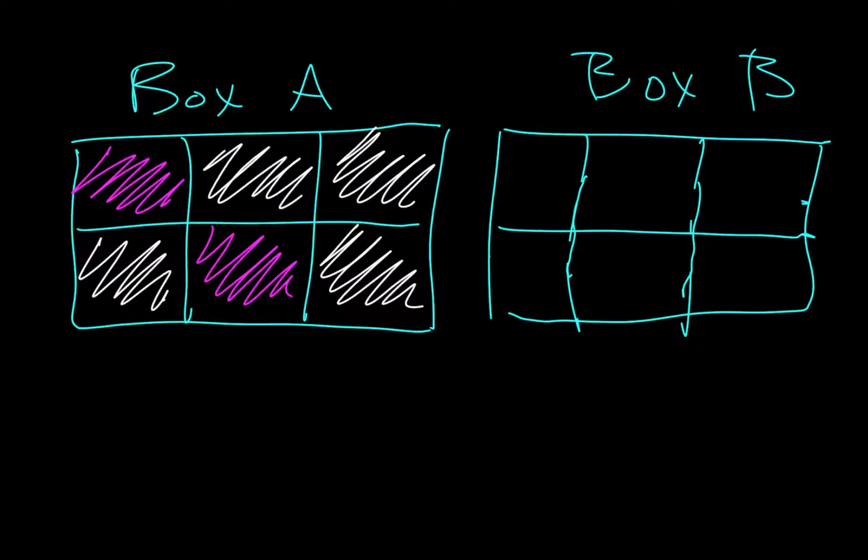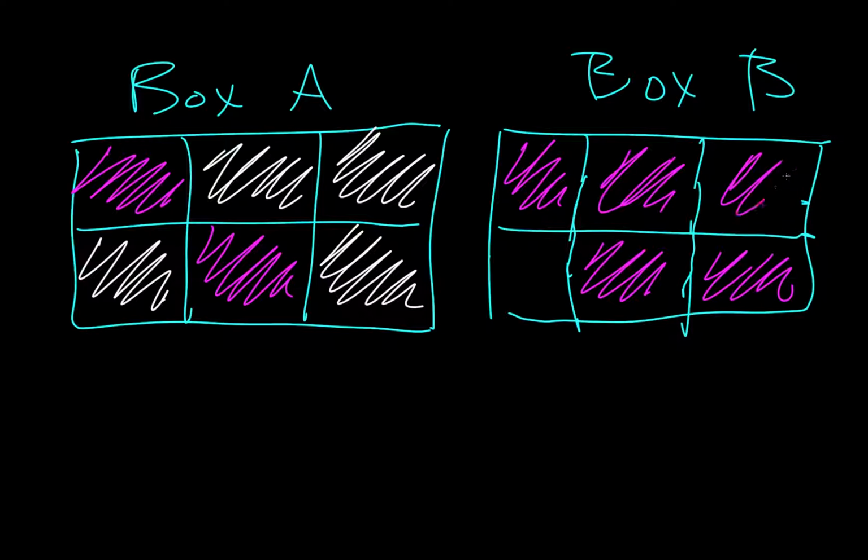So what was that? 5 purple: 1, 2, 3, 4, 5, and 1 white. A box is selected by tossing a coin, and 1 plant is removed at random from it. Find the probability that the plant was taken from box A and has a white flower.